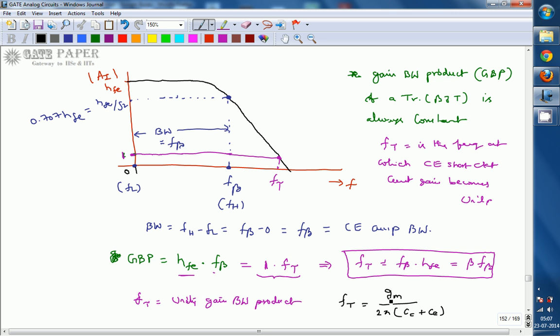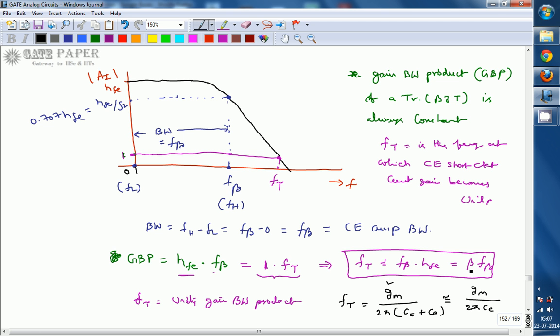If both are given, we can use this equation. Otherwise, Cc is going to be very small compared to Ce, and at that time you can write it as 2 pi times Ce itself. But in the given question both are given. Gm, the transconductance, is given, Cc is also given, and Ce is also given. So you can use this equation to calculate f tau.